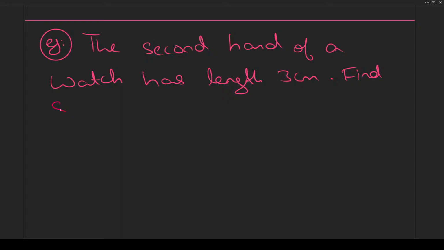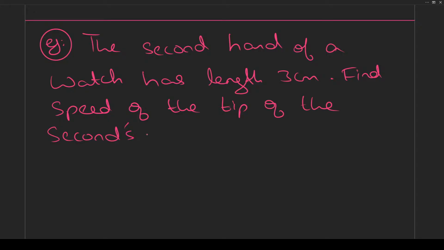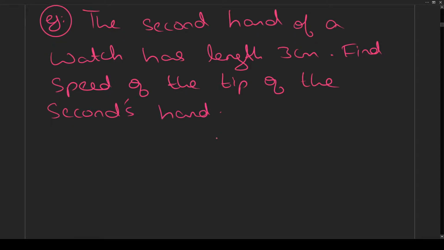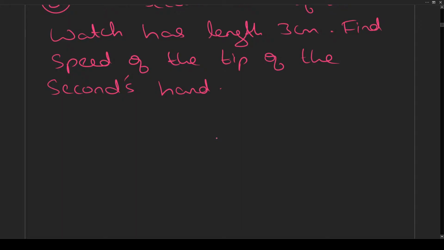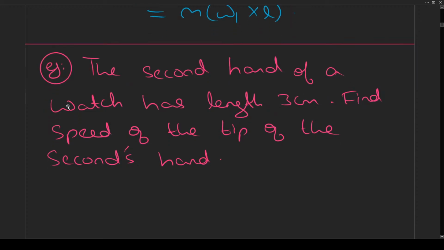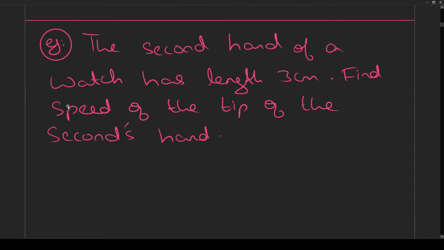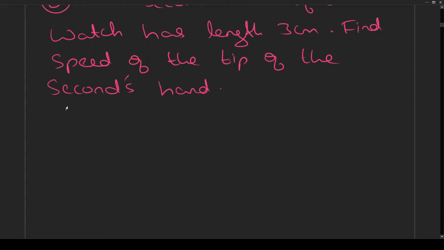Find the speed of the tip of the second hand. Okay, no need for options for this. They're saying that the second hand of a watch has a length of 3 centimeter. Now find the speed of the tip of the second hand.